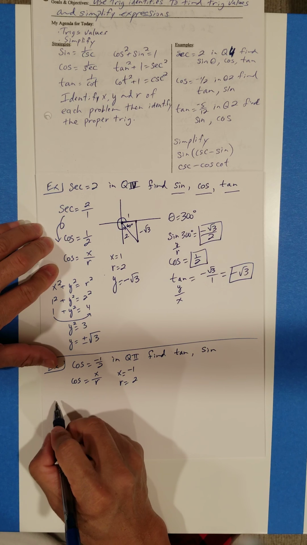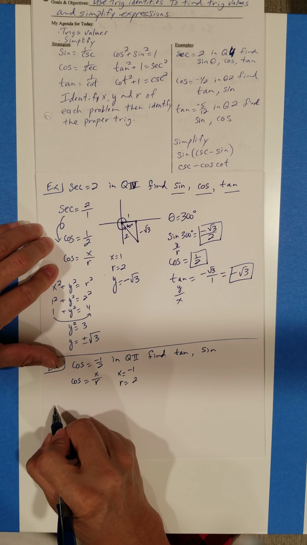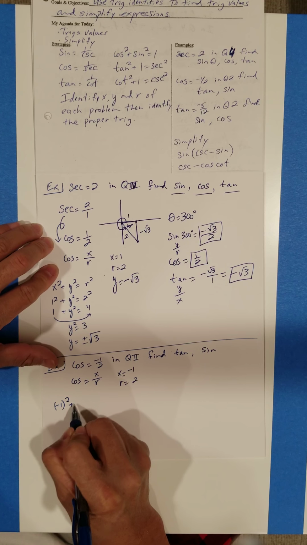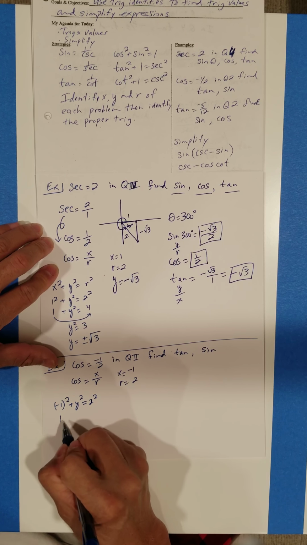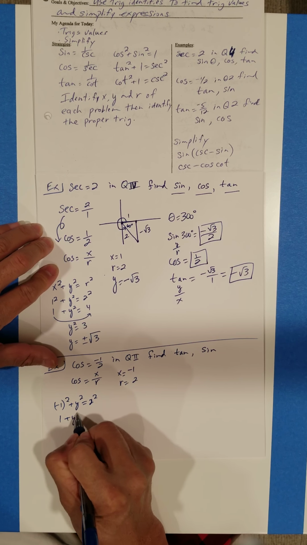So Pythagorean theorem now to find y. We have -1 squared plus y squared equals r squared, so 2 squared. 1 plus y squared equals 4. Bring the 1 over. Y squared equals 3. So y equals plus or minus square root of 3, because we square root, we have to use plus or minus.